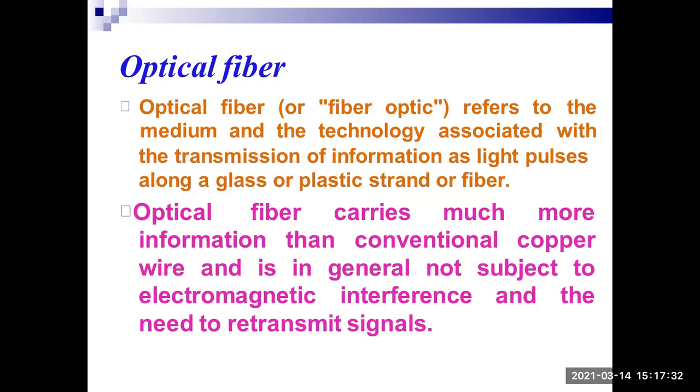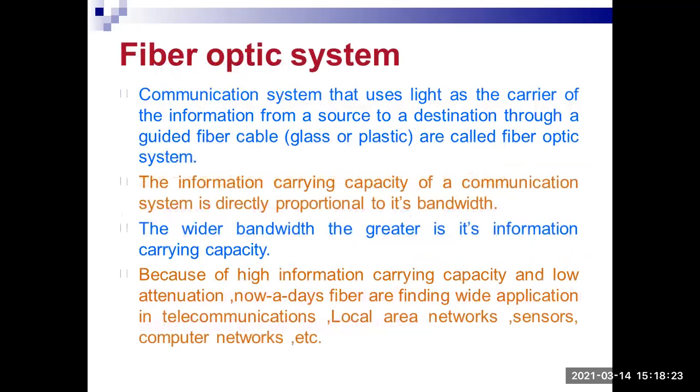In the conventional copper wire, the information, in the form of a signal, is transferred from one end to the other, and the copper coaxial cable suffers from electromagnetic interference, so we have to retransmit that signal. Now, when we compare optical fiber with the conventional copper wire for transmitting the signal, optical fiber has a lot of applications, and the cost of the optical fiber is very low compared to the copper coaxial cable. That we are going to see.